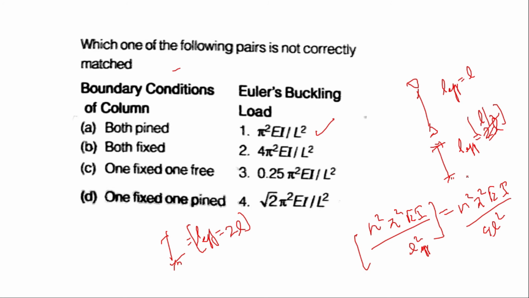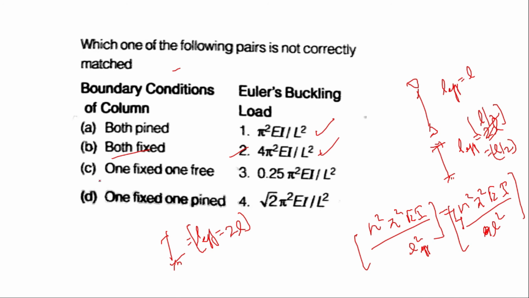Okay, when both ends are fixed, L effective becomes L by 2. So if we replace L by L by 2, then 4 will come upwards. So this will be 4 n square pi square EI upon L square. Hence for both ends fixed, the value will be 4 pi square EI upon L square. So this is also correct.